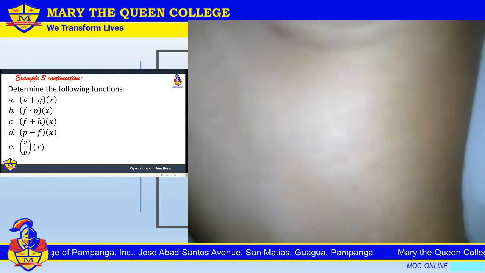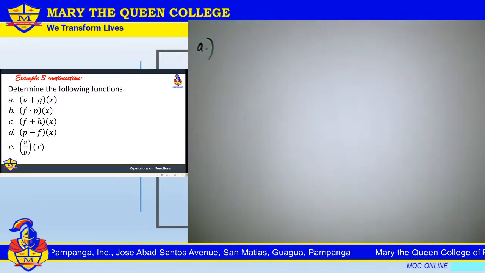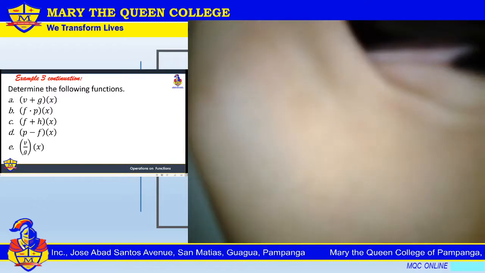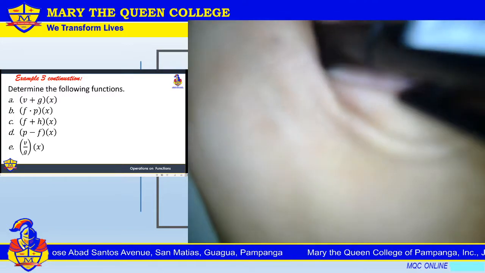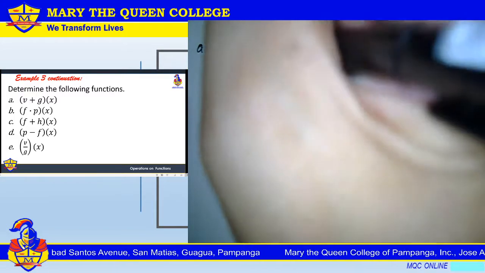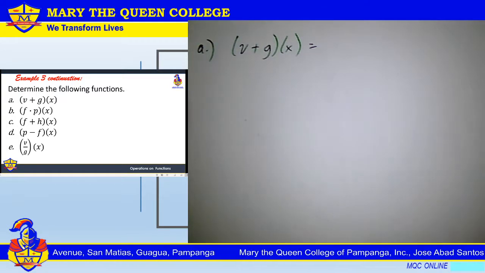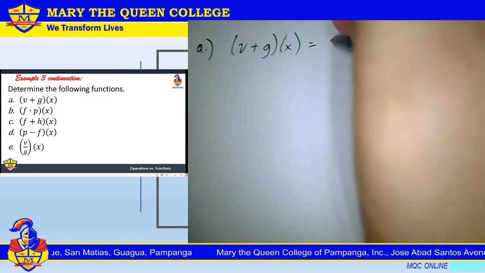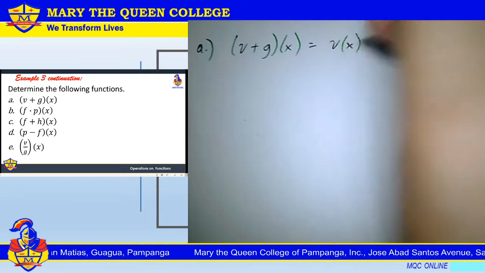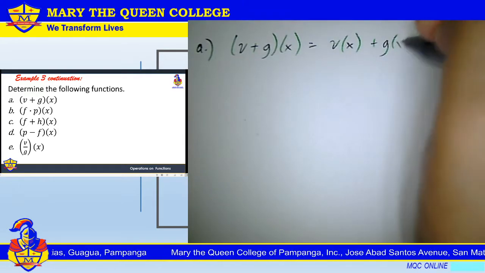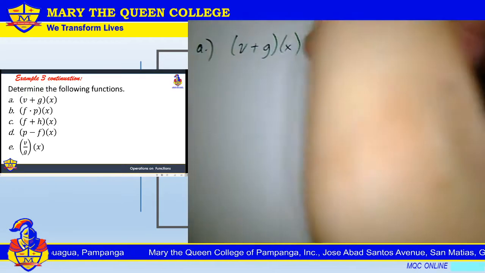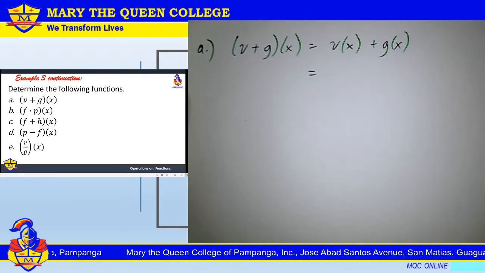So for letter A, number 3. Okay. So we have v plus g of x. Okay, v plus g of x. So this would be v of x plus g of x. And then just copy from our given or the previous slide.